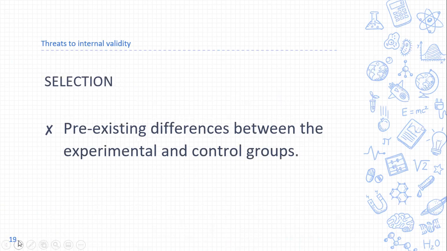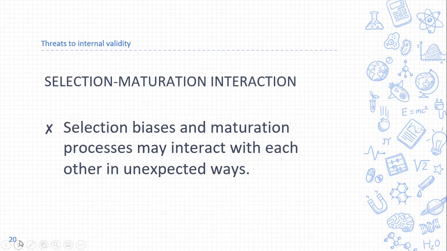Next, we have selection. This is regarding pre-existing differences between the experimental and control groups. This is not a concern in single case experiments, given that the comparisons are done within and not between each group, but it could still be an issue with other types of experiments. Next, we have the selection maturation interaction.